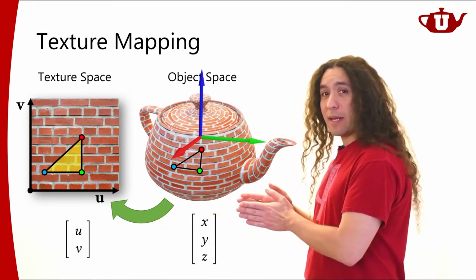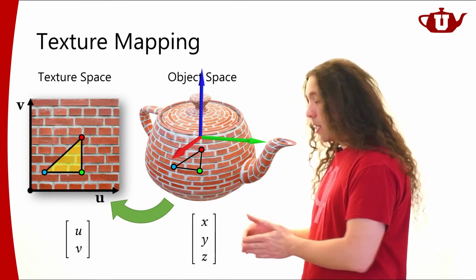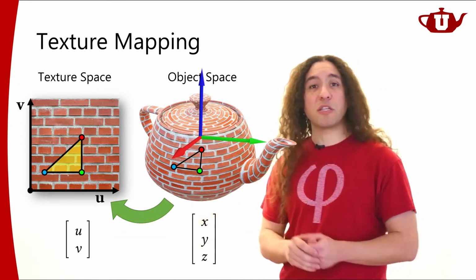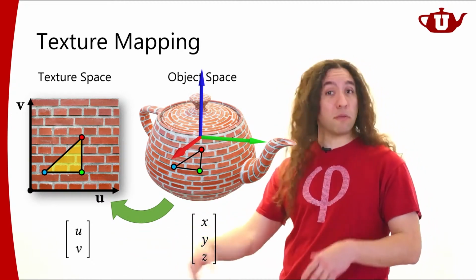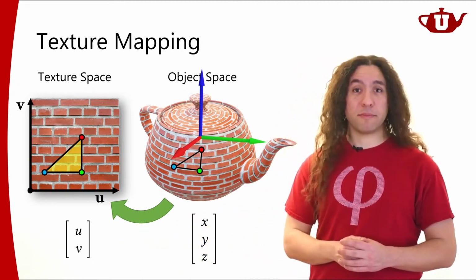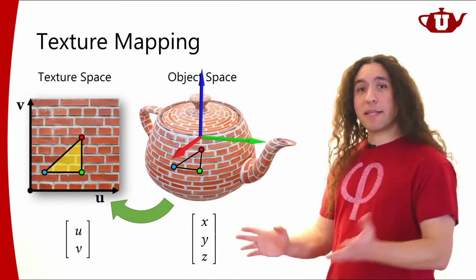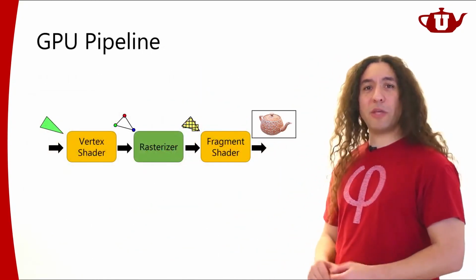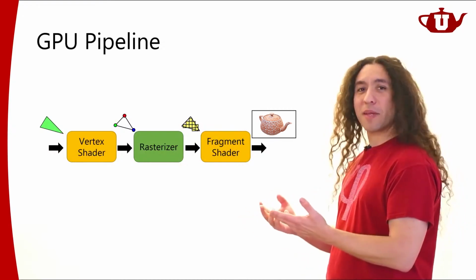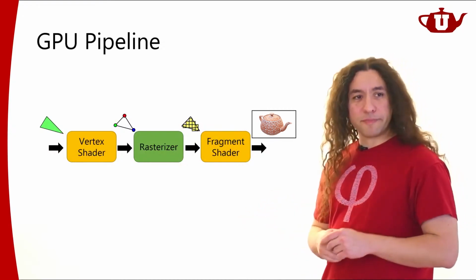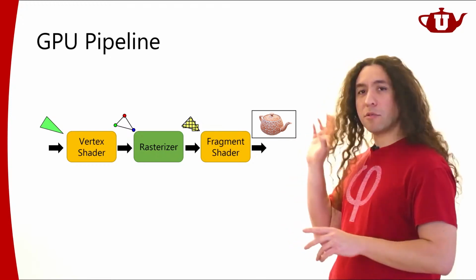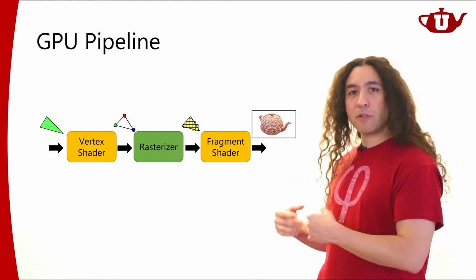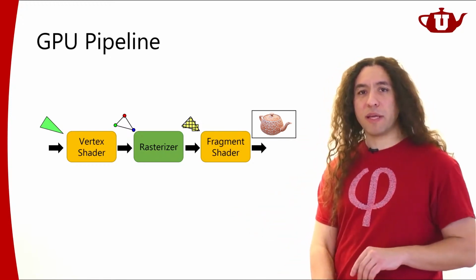It has its position in object space, and this is its position in texture space, or its texture coordinate. Using that, we will be able to access textures on the GPU while we're rendering. I'm going to talk about how to set this up and how to access everything while rendering, but I just want to mention this briefly.